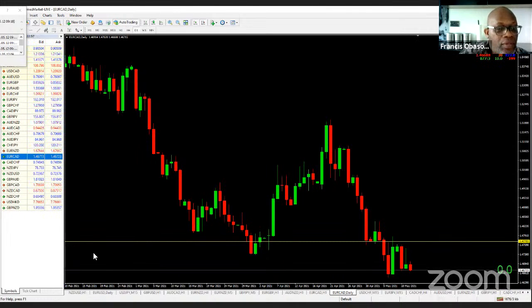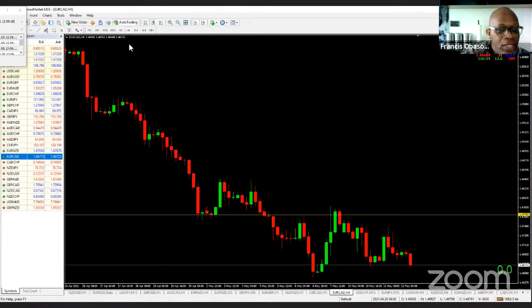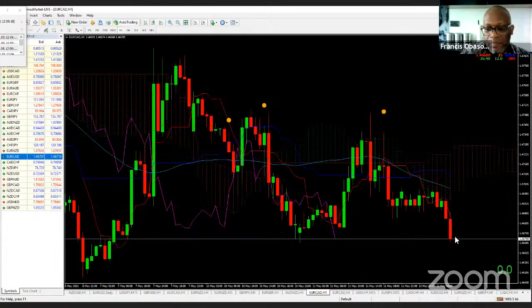So the Euro Canadian dollar is one pair I've been looking to sell. I'm sure I will find an entry today to get in. But in the meantime, let's just keep on looking at other pairs.